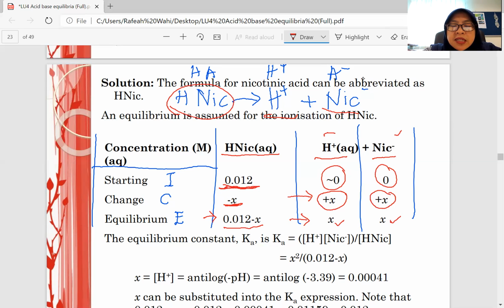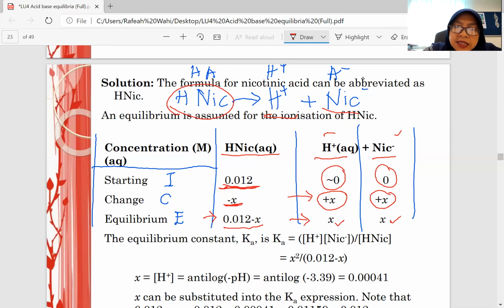We have the initial acid, we have H plus, and we have the concentration of the conjugate base. So we go back to the definition for Ka just now. Ka equals the concentration of H plus ion times the concentration of the conjugate base divided by the concentration of the initial acid.